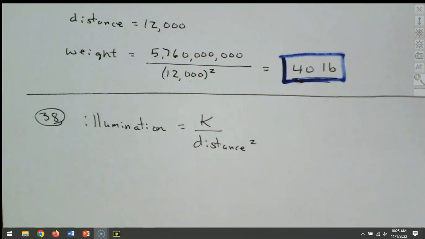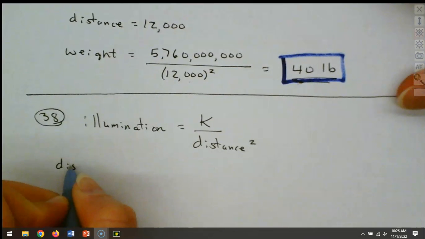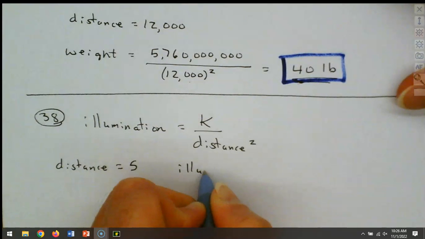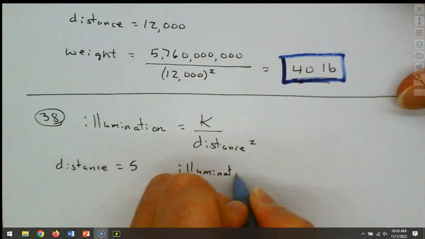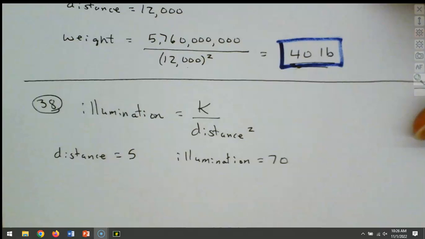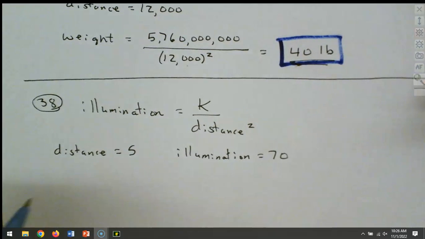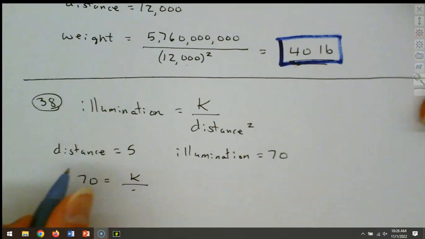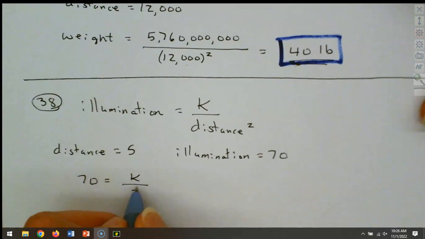And we have a light source at 5 meters, 70 candelas. So the distance is 5. Illumination is 70. Fill it in, find our k. And don't forget, it's not 70 equals k over 5. It's 70 equals k over 5 squared, which is 25.